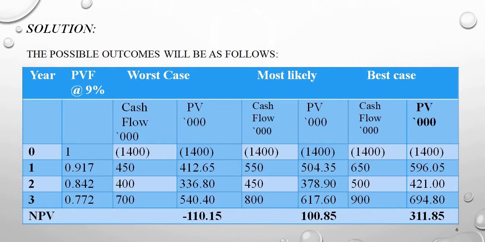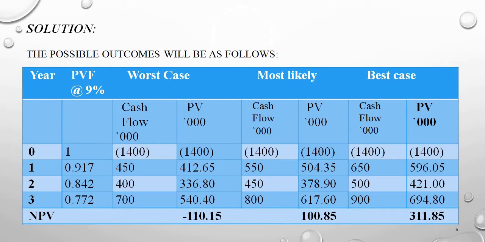Solution. The possible outcomes will be as follows. Year 0 is considered as cash outflow. PVF, present value factor at 9%. Worst case, most likely case, best case, and their cash flows are given. Present value factor of first year at 9% will be 0.917.